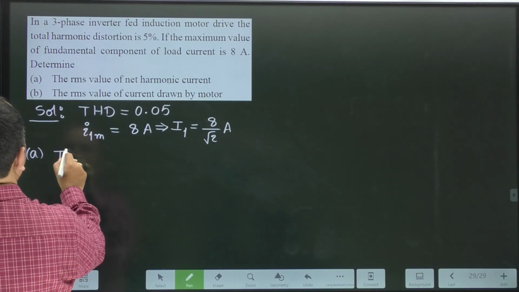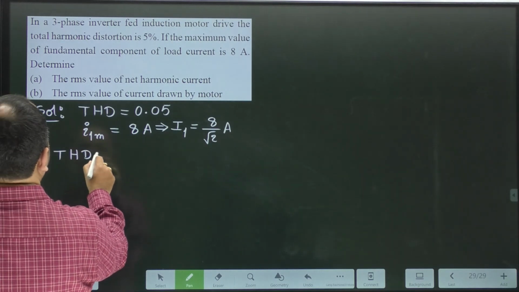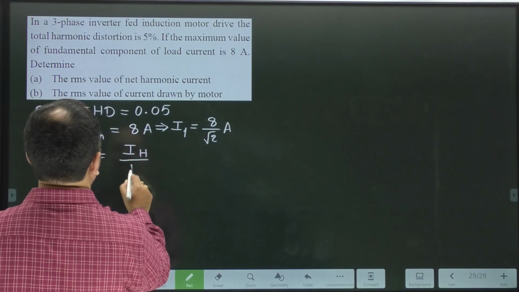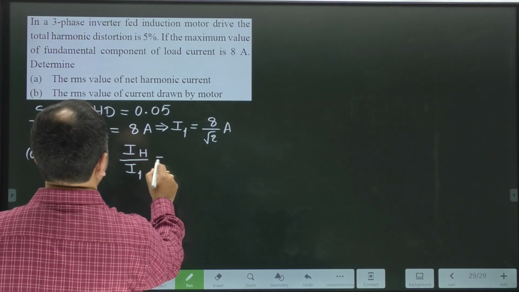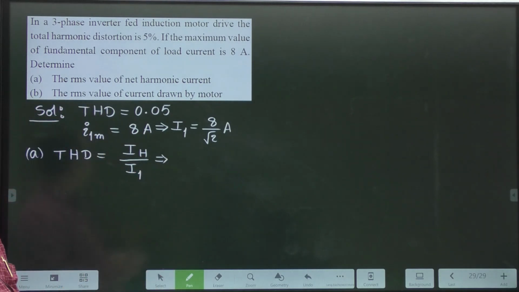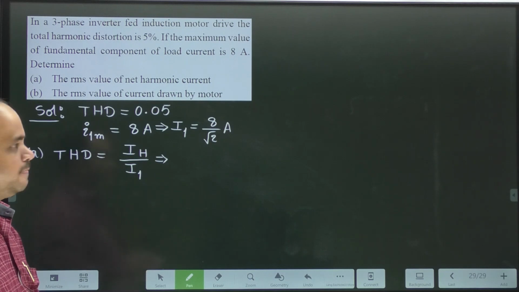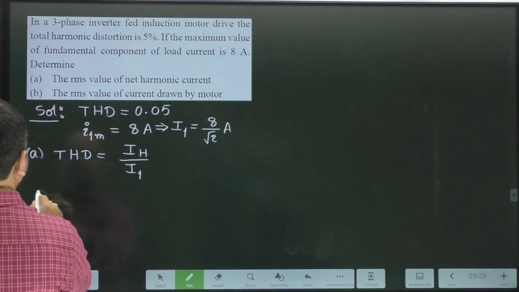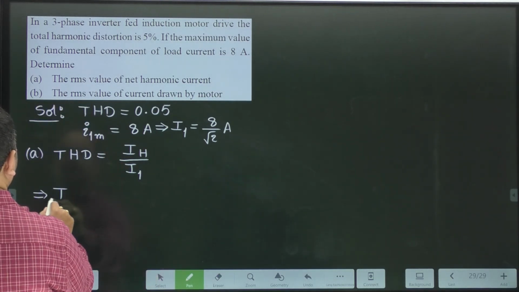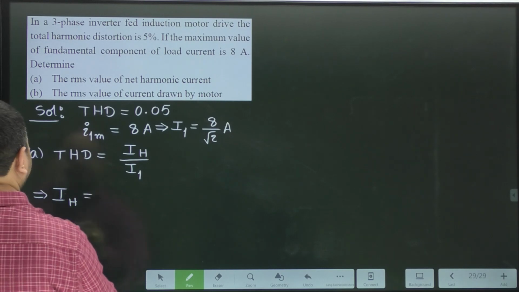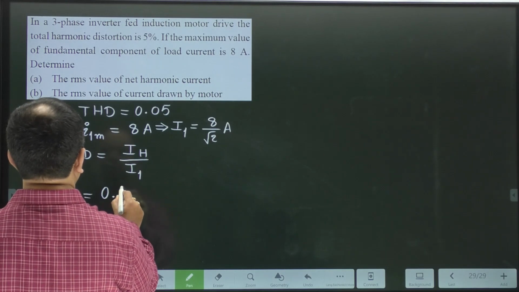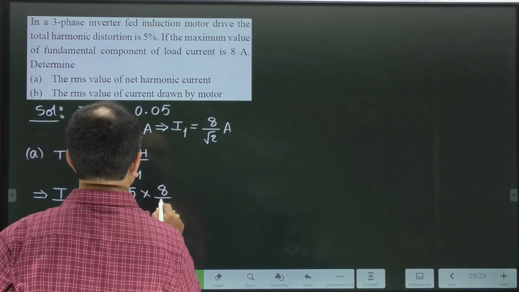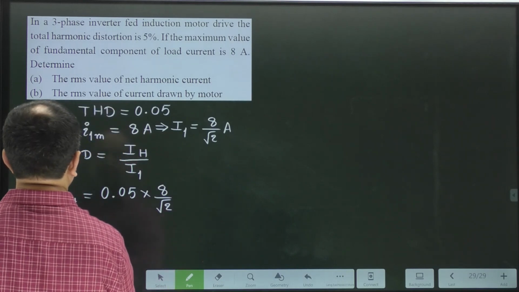Therefore, now the answer for the first question. If you look into the basic definition, THD is equal to RMS value of the harmonic current divided by RMS value of the fundamental current. Therefore, you can express RMS value of the harmonic current as 0.05 into 8 divided by root 2.